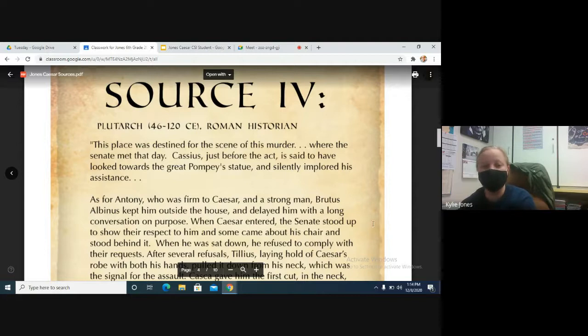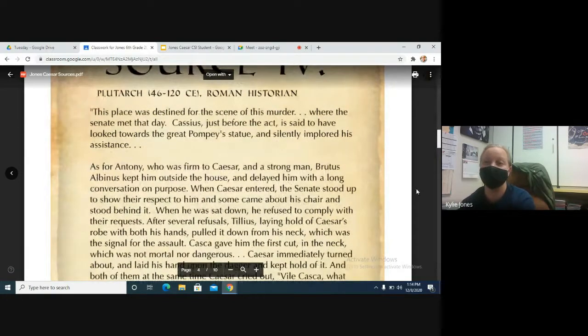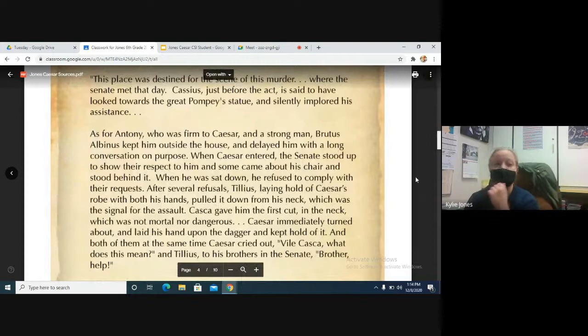And then this guy named Tullius basically pulled on Caesar, and that was the cue for everybody involved in the assassination to come up and start stabbing him. It's said based on this account that everybody that was supposed to be involved at least stabbed him once so that they were all part of it, right? Not just one person, but everybody. So that's kind of where we're at with that.